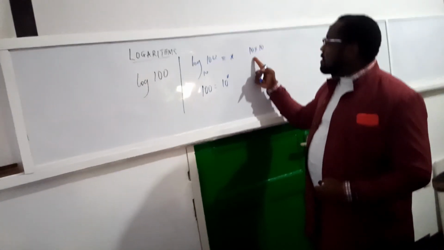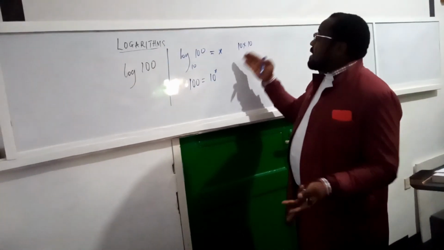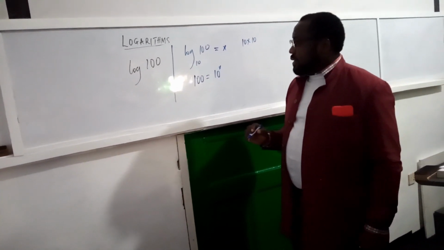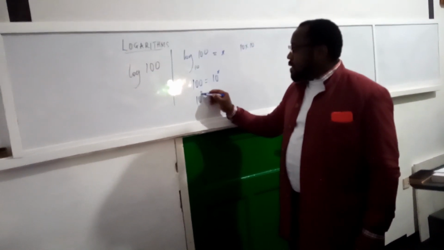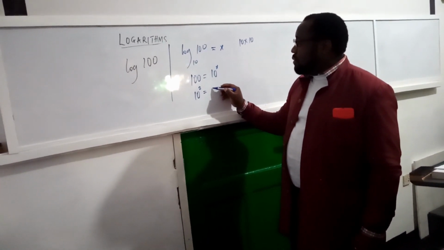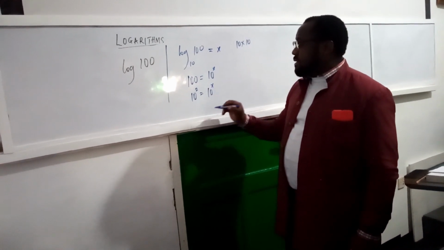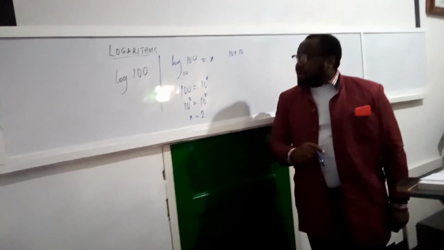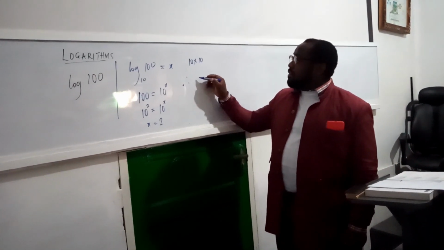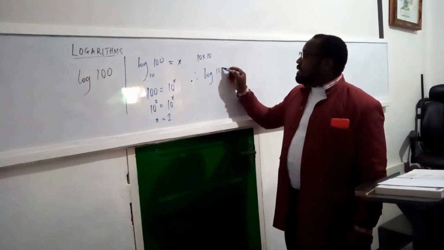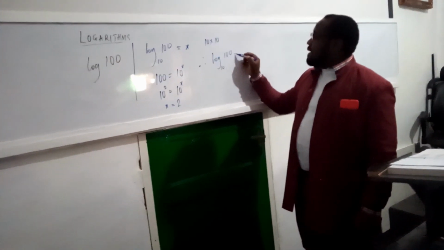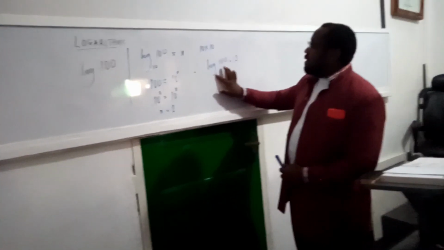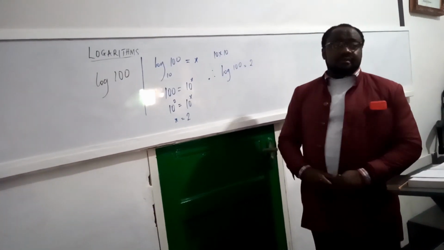Because 10 times 10 is 100. So we have 2 indices. So we have 10 to the power 2 is equal to 10 to the power x. So x is equal to what? 2. Therefore, the log of 100 base 10 is what? 2. Or the log of 100 is 2.